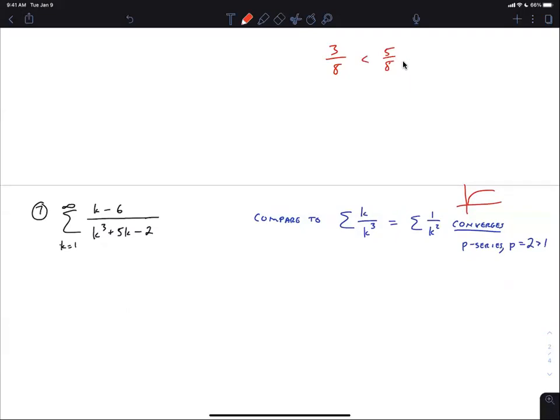Does that make sense? Now, if you have the same numerator, if I have 3 over 4 versus 3 over 8, well, 3/4 is bigger because 3/4 means you're splitting a big pizza into 4 pieces and you get 3 of them. Here you're splitting the same pizza into 8 pieces and you get 3 of those. Well, you get more pizza this way. Does that make sense?